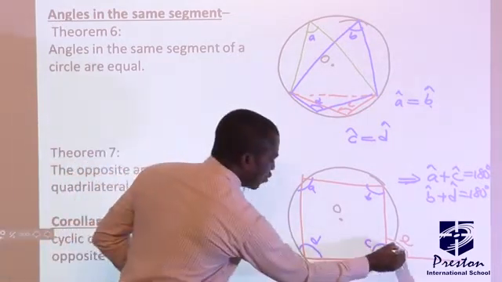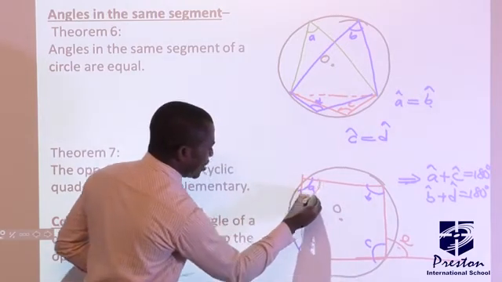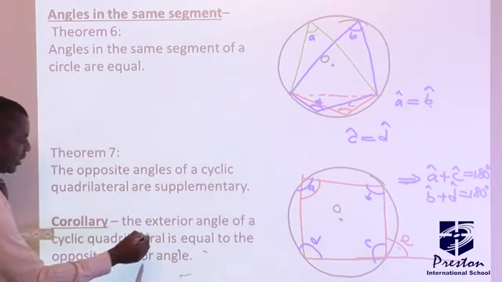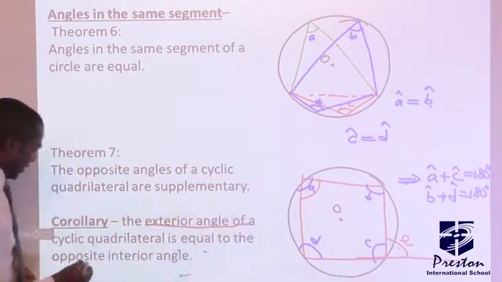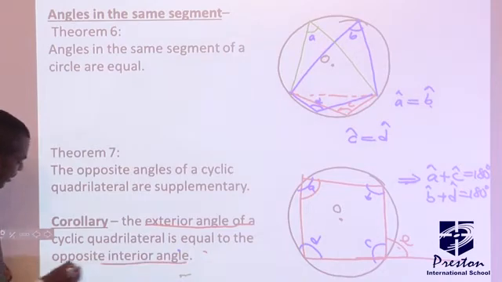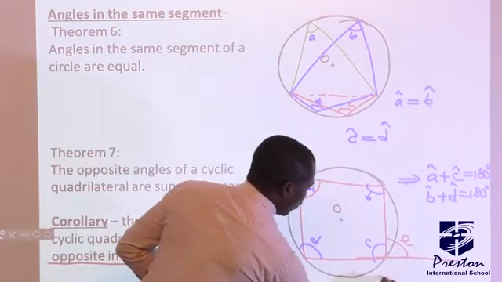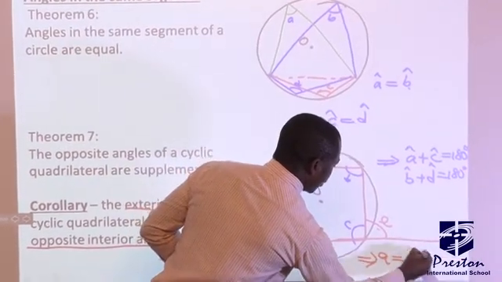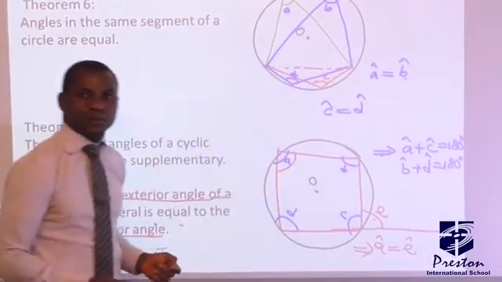That is, this angle E is equal to the angle A. That's what the corollary is telling us. That is, the exterior angle of a cyclic quadrilateral is equal to the opposite interior angle. So, with the corollary, we can say angle A is equal to angle E.